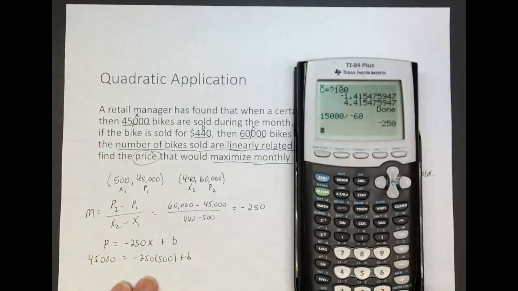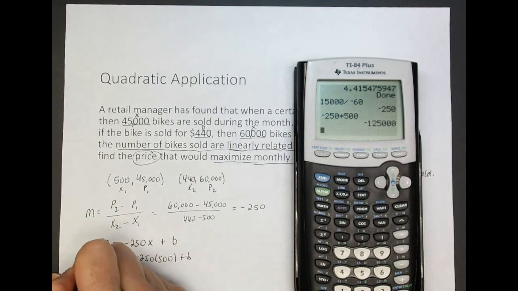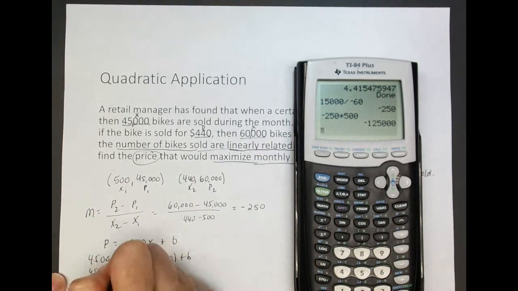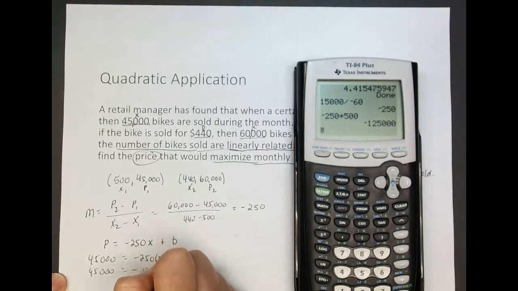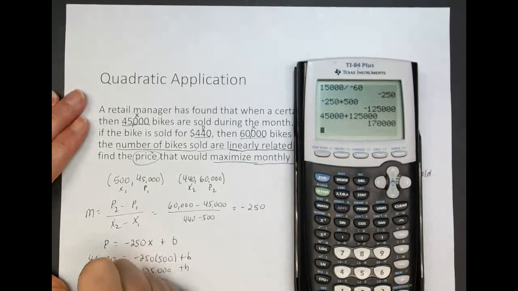Well, let's see what that is. Negative 250 times 500 is negative 125,000, right? So 45,000 is negative 125,000 plus B. Okay, so add 125,000 to both sides and I'll find my B. All right, so 45,000 plus 125,000 is 170,000.